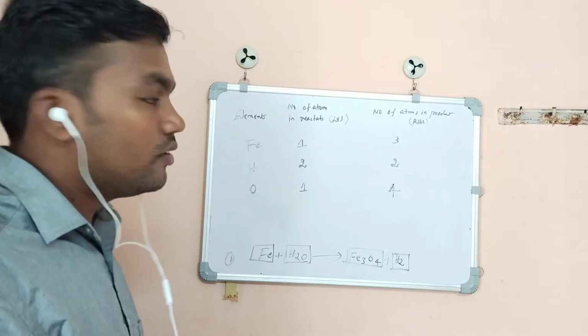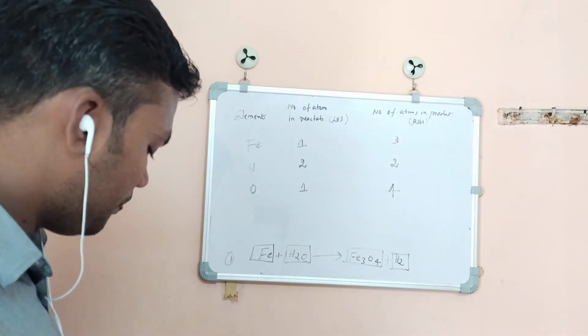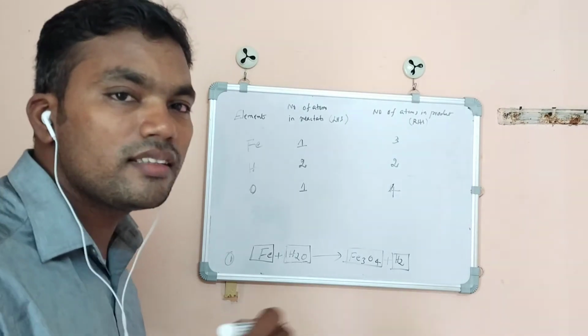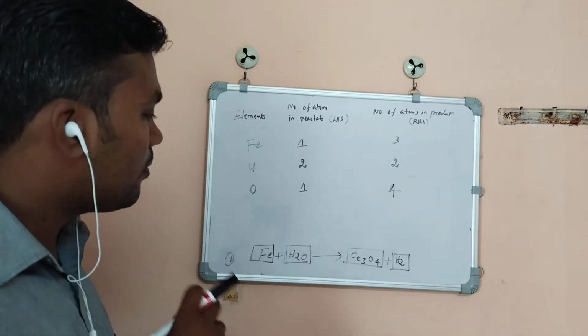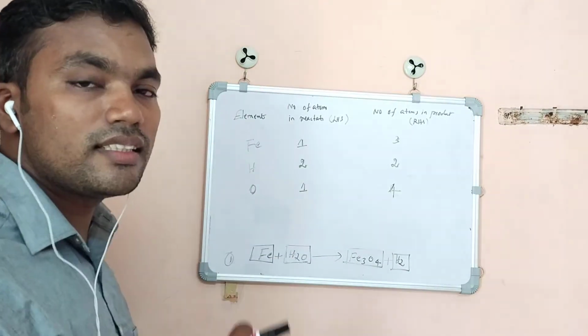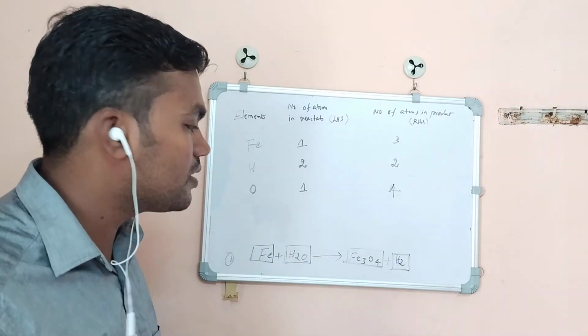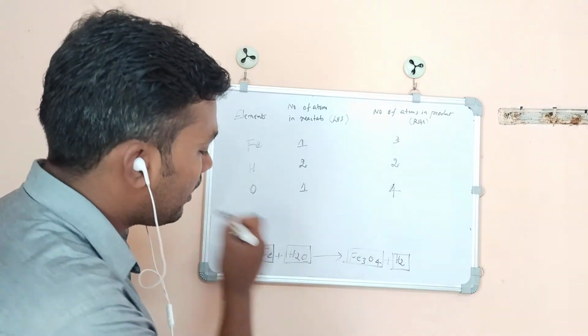In this case, the total number of atoms in the product is not matching with the reactant side. So now we need to balance these equations. Before you start balancing, start balancing with the compound that contains the maximum number of atoms. It may be on the reactant side or the product side.